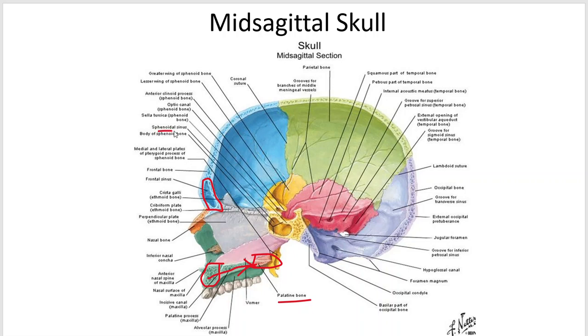Oh, there's the sphenoid sinus, right there. See, that's going to be under sphenoid bone. Sure enough, sphenoid sinus is right there on top of it. I don't think there's a whole lot more we can see in here that's on your list.